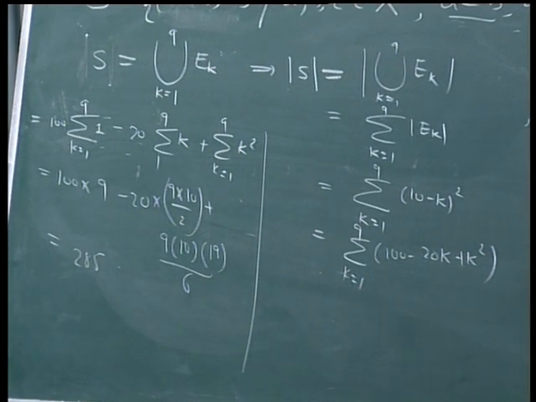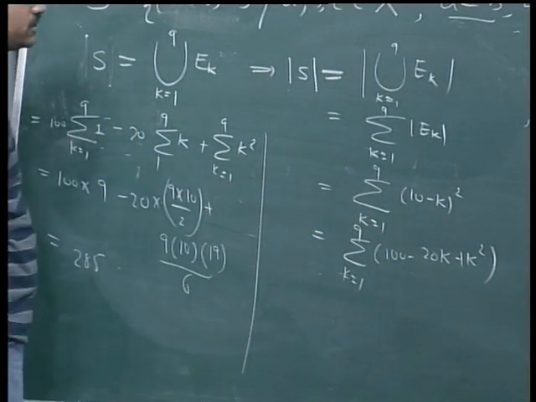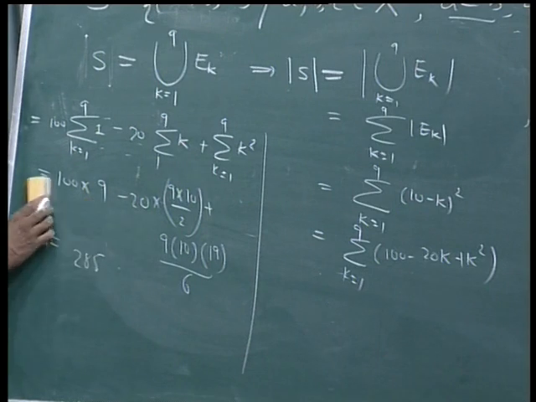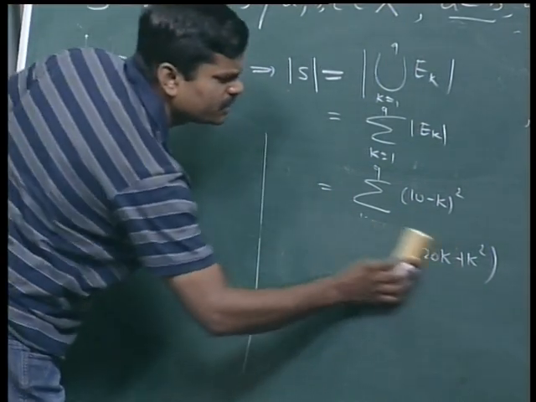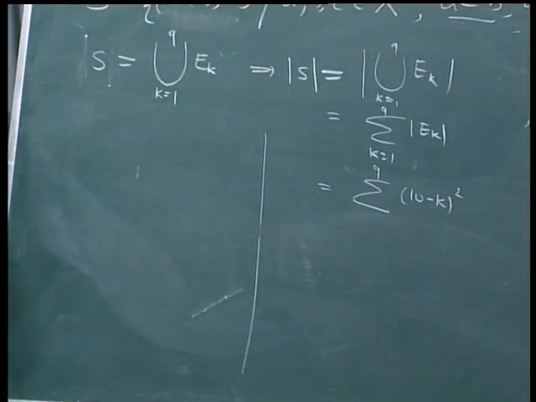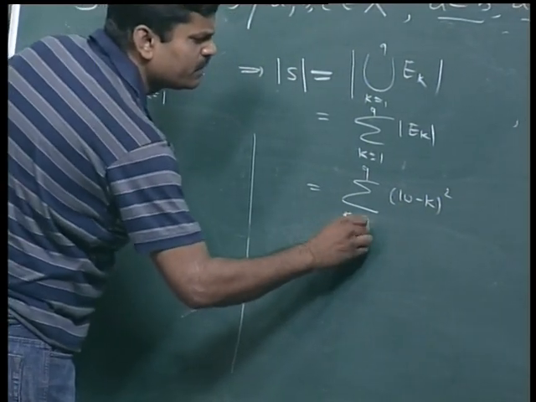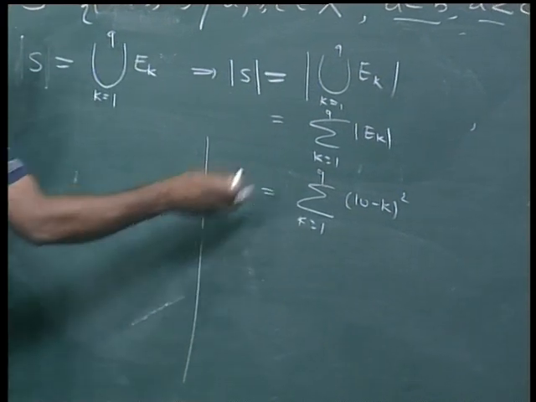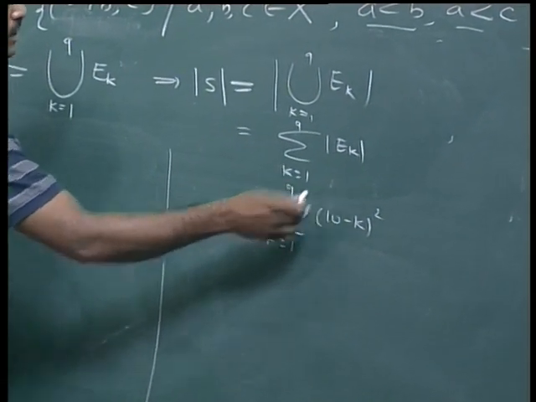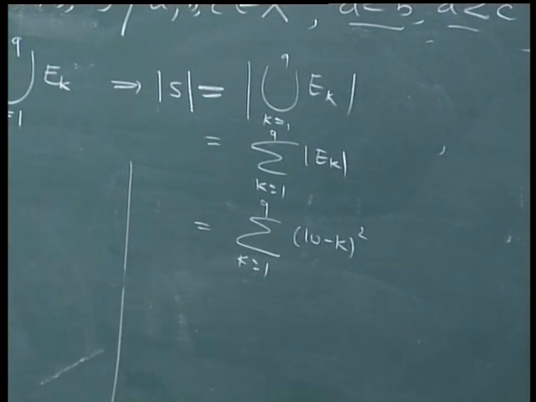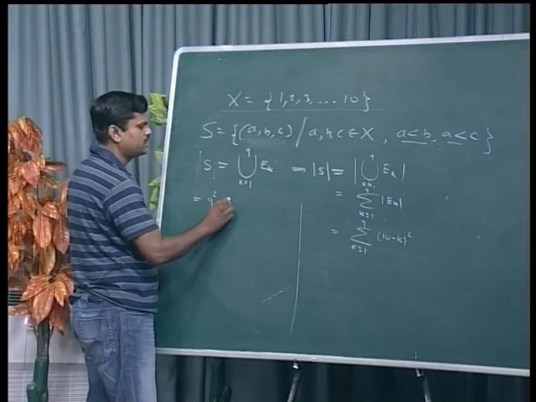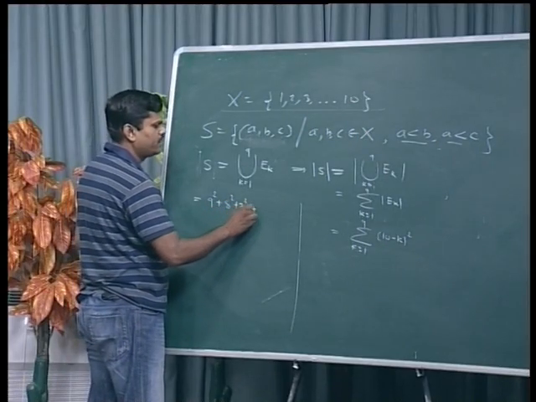There is also a simple way of calculating this (10 minus k) square. Instead of applying this difficult one, let me show you some simple technique of calculating this sigma. I want to find the value of this sigma k is equal to 1 to 9 (10 minus k) square. So let us put one by one. K is equal to 1, 2, 3 up to 9. If I put k is equal to 1 here, what will I get? 10 minus 1, 9 square. For k equal to 2, 10 minus 2, 8 square. Then 7 square.